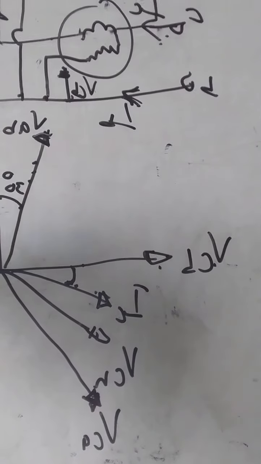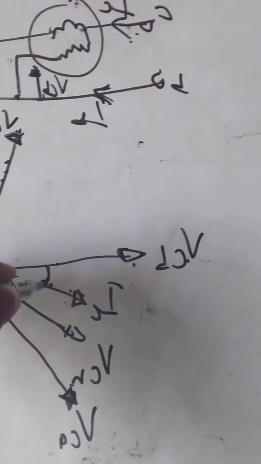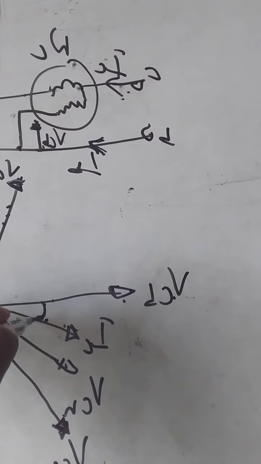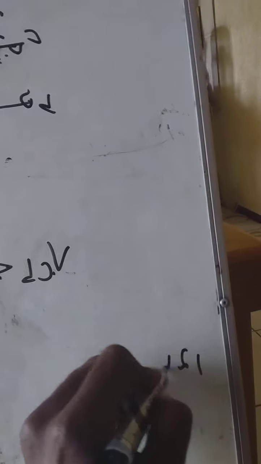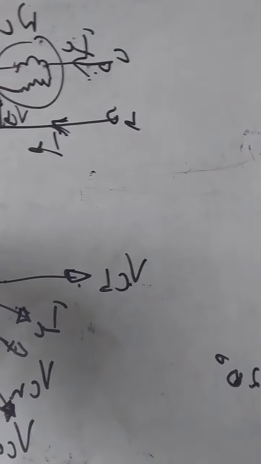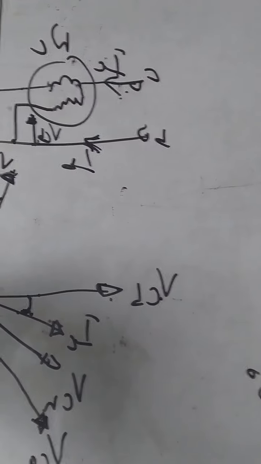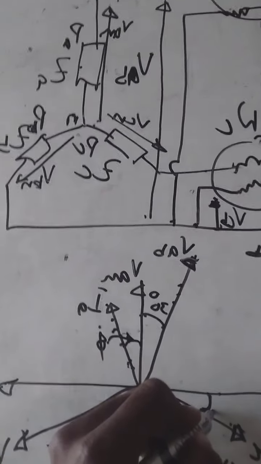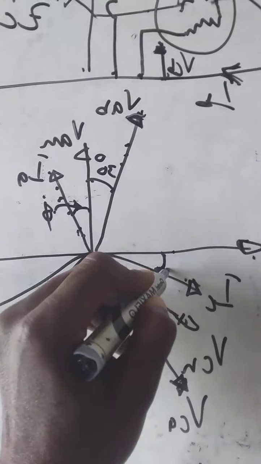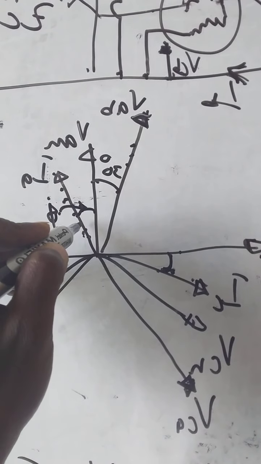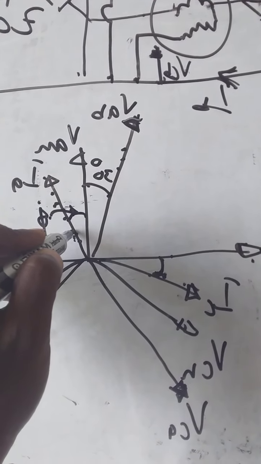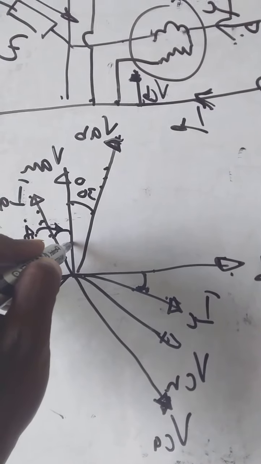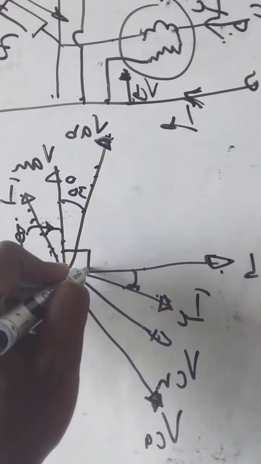So if you look at it very well, between IA and IC, between line current and line current, is 120 degrees apart. That is the angle between here and here. Then between IA and here is phi. Between here and here is 90 degrees.